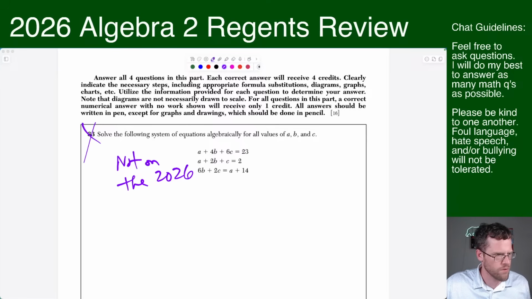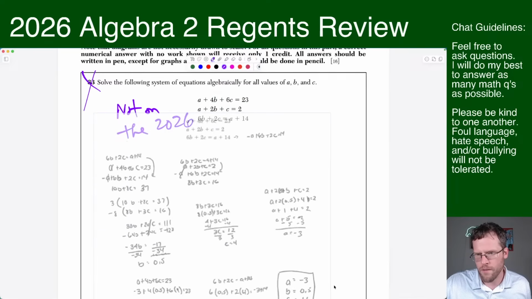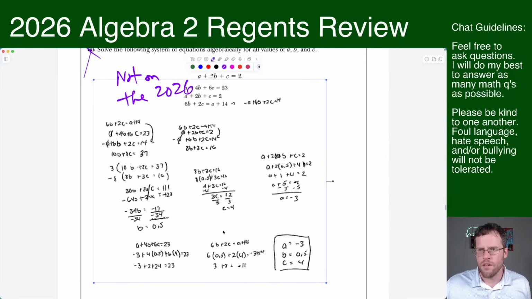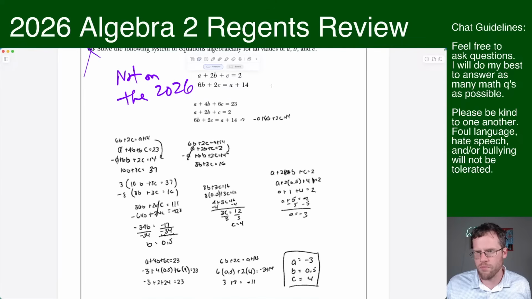But here, I'll screenshot the model response full credit solution if you just want to see the idea. The idea is you want the terms here to have matching opposites, and then that way you could eliminate terms here.